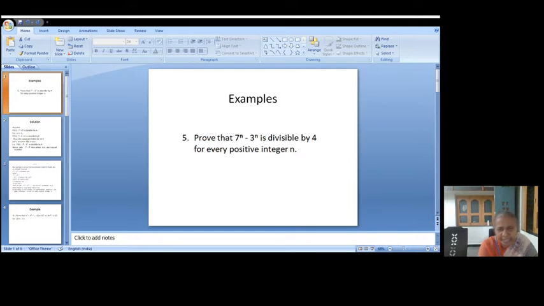Therefore, in such examples we have to take 7 raised to n minus 3 raised to n as a multiple of 4 only. Now we see how to evaluate such examples.